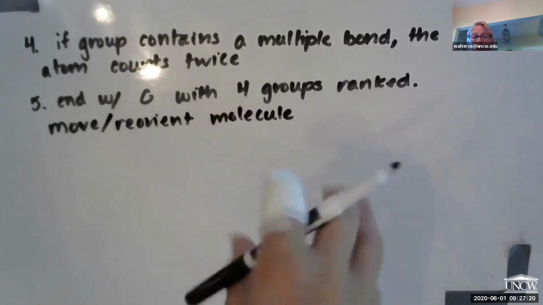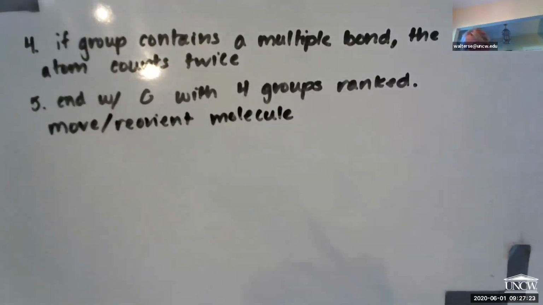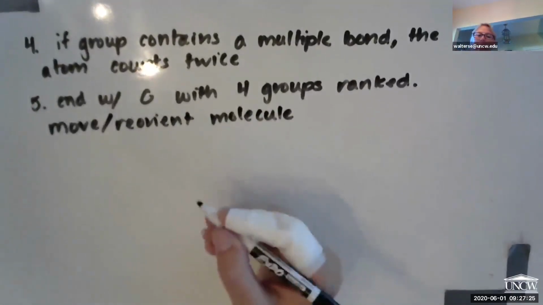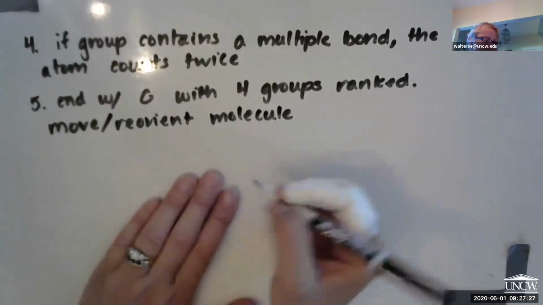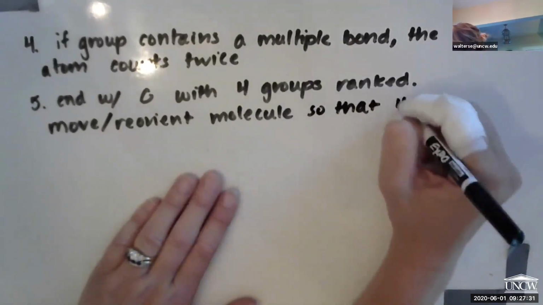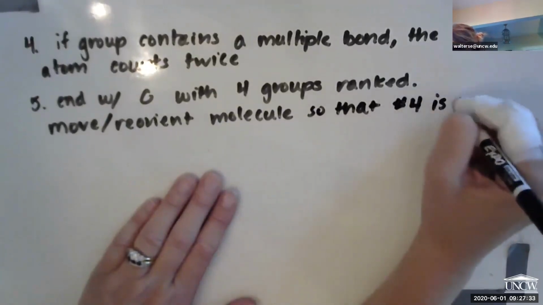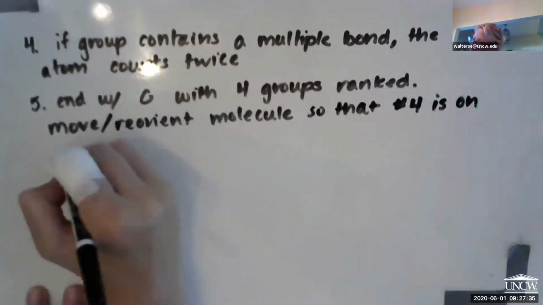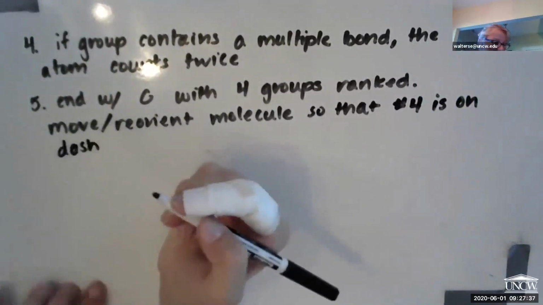So literally move it in 3-dimensional space or in your brain. You're going to have to reorient the molecule so that number 4 priority is on a dash.